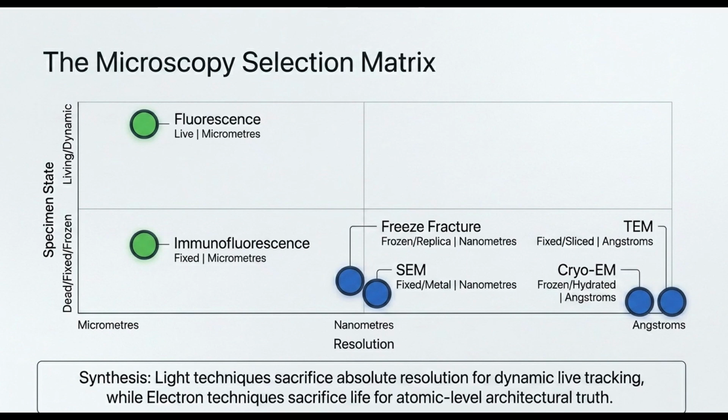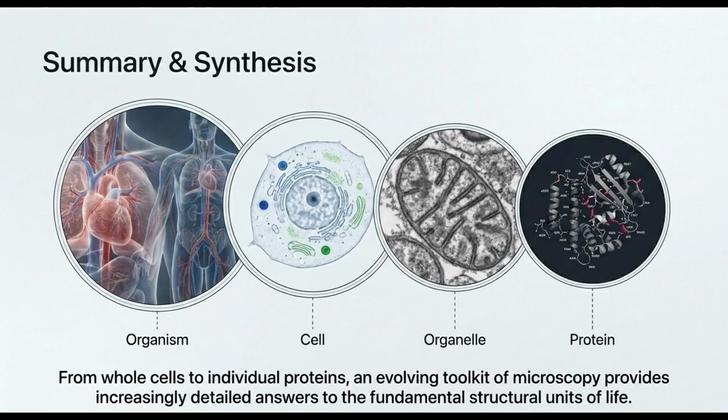This selection matrix highlights the trade-off between observing dynamic biological processes and obtaining the highest structural detail. Scientists select the method that best addresses their research question. So in short, cell theory established that cells are the basic unit of living organisms, and all these microscopy techniques have transformed our understanding of life.